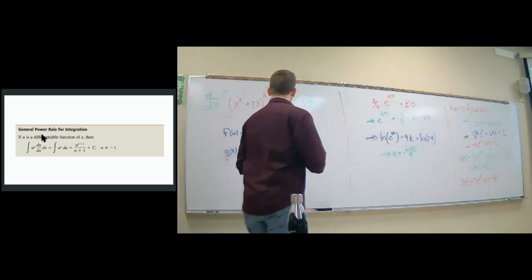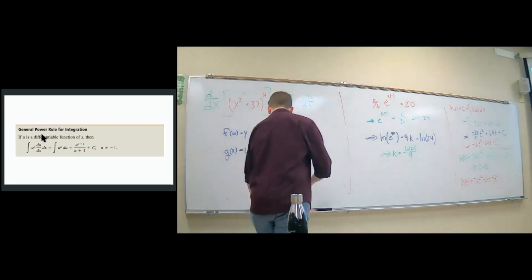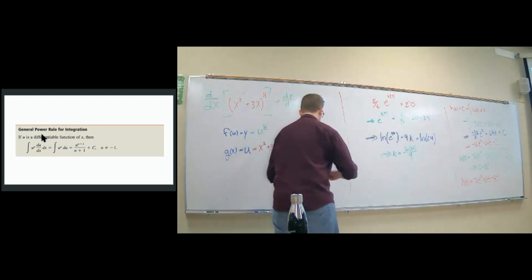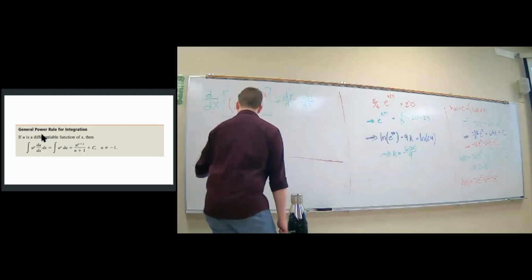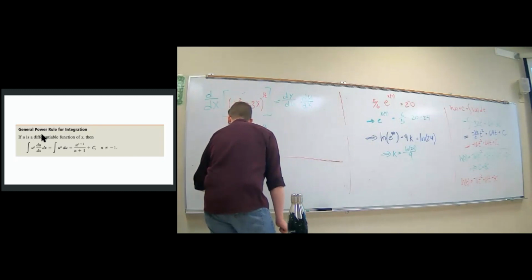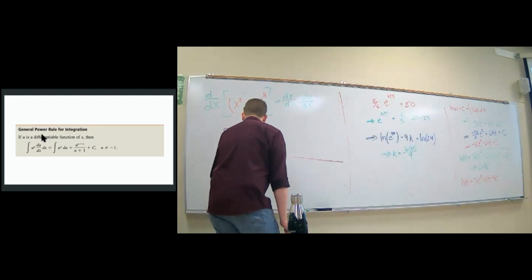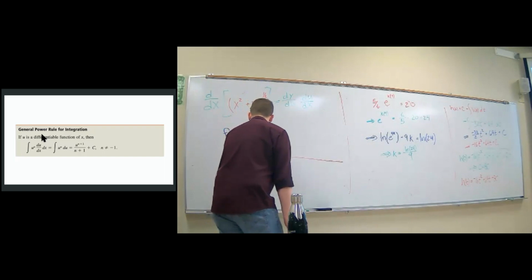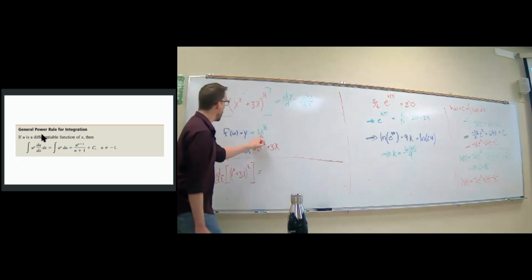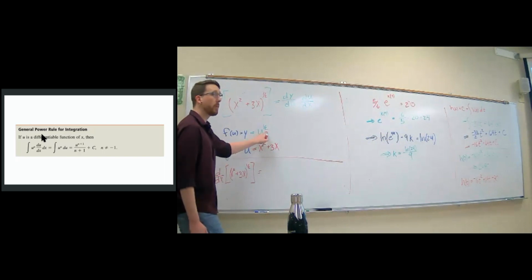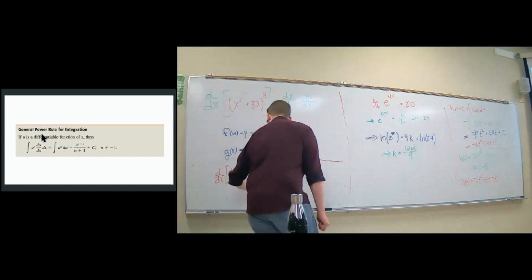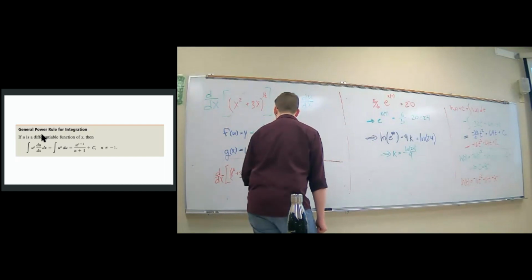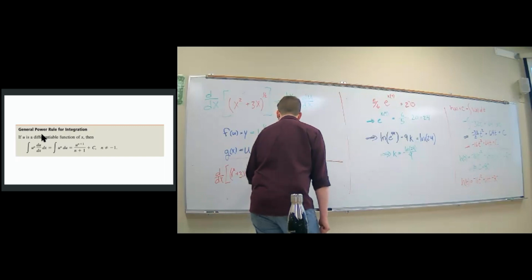Well, in this case, when we go and solve all of this, we're going to have d dx of x squared plus 3x raised to the 1/2 power. The derivative of u to the 1/2 with respect to u is going to be what? 1/2 u to the negative 1/2 power, right?